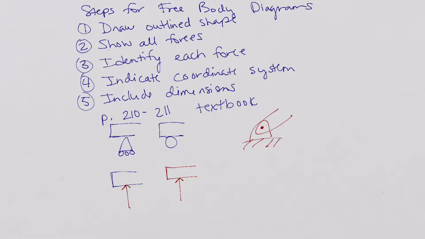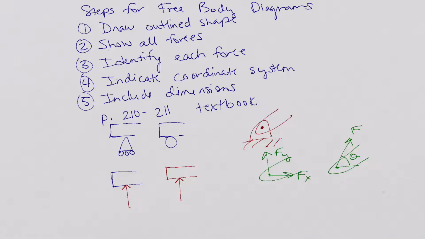When you have a pin, basically you'll have a force on it that can act in both directions. So it'll either be written like that, or something like this, and you'll have that angle.